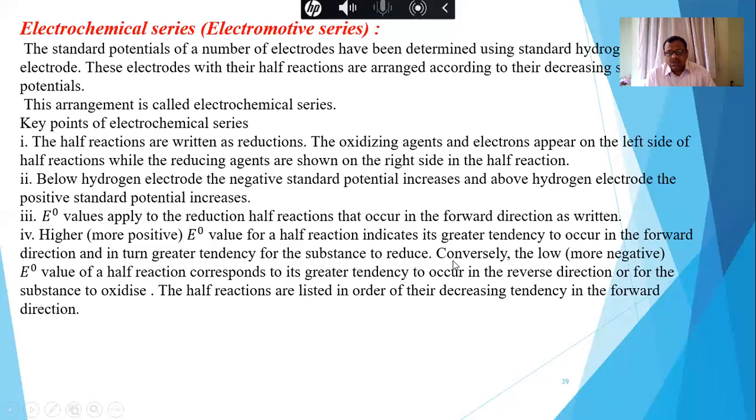Conversely, a low E standard value of a half reaction corresponds to its greater tendency to occur in the reverse direction, or for a substance to oxidize. The half reactions are listed in order of decreasing tendency in the forward direction.